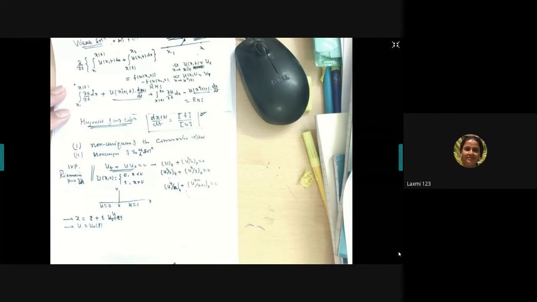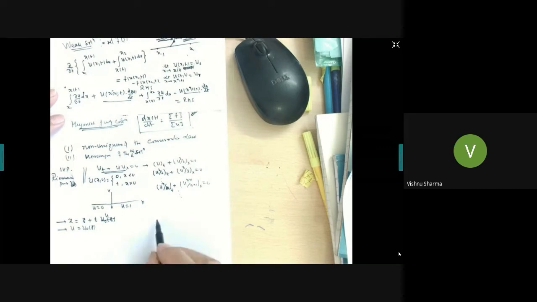Now if you look at the solution, we have to construct a solution and you will see how this is a weak solution. From here it is very clear that x is equal to xi plus t times u. So look at the characteristics which originate from this part of the profile.